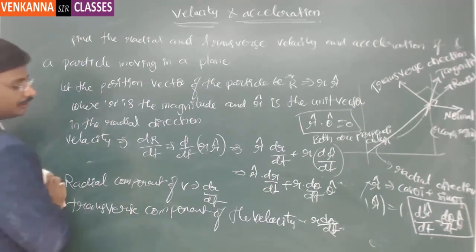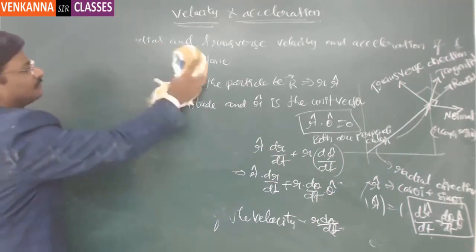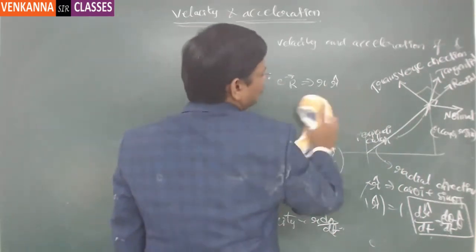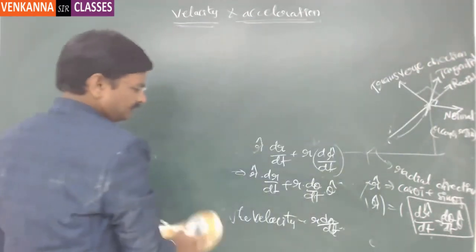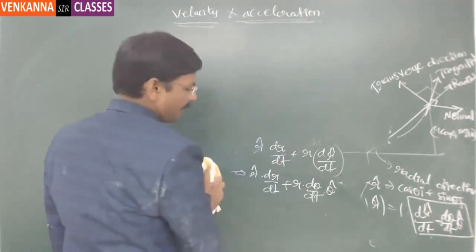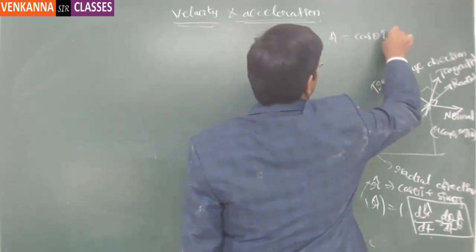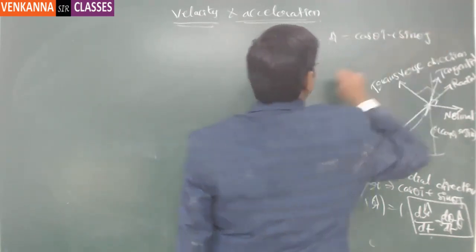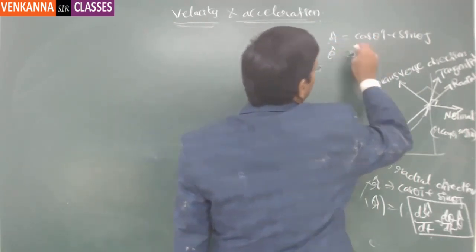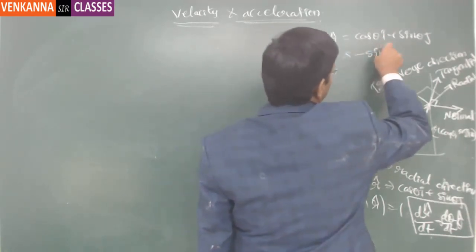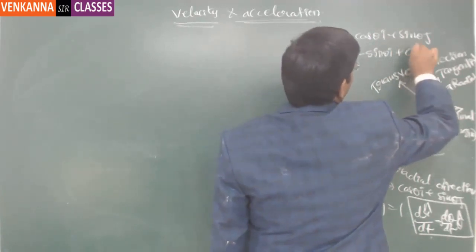Now, in the similar manner, let us find out what is the acceleration. So, r cap is equal to cos theta i plus sin theta j, and theta cap is nothing but the derivative, which is minus sin theta i plus cos theta j.